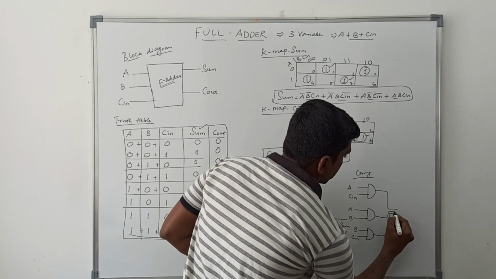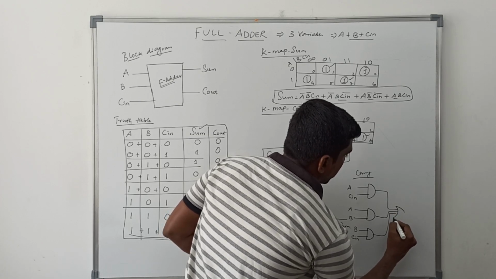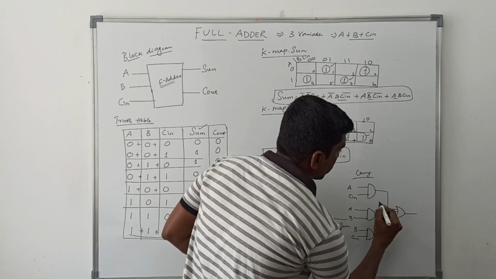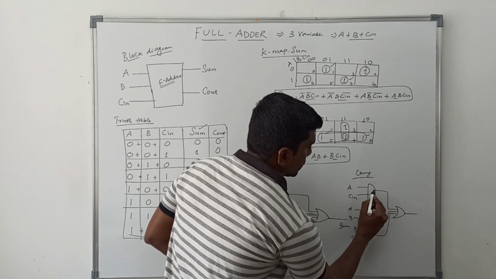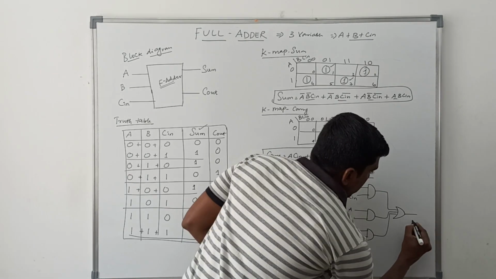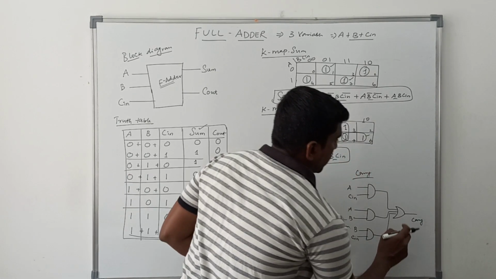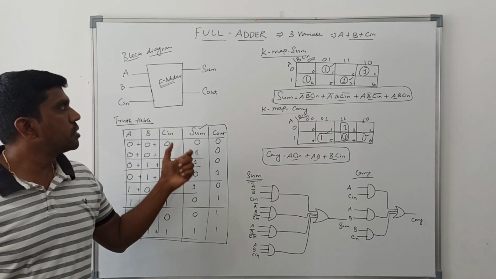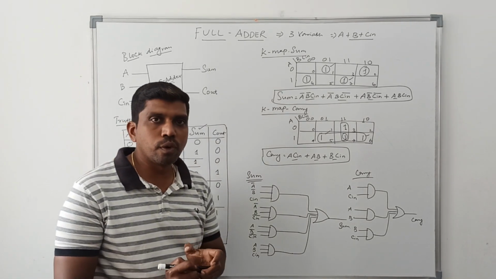Using one OR gate, sum all the 3 outputs of these AND gates. These 3 outputs are given to the input of the OR gate. Carry is obtained from the output of the OR gate. So this is the simple way to design a full adder circuit.